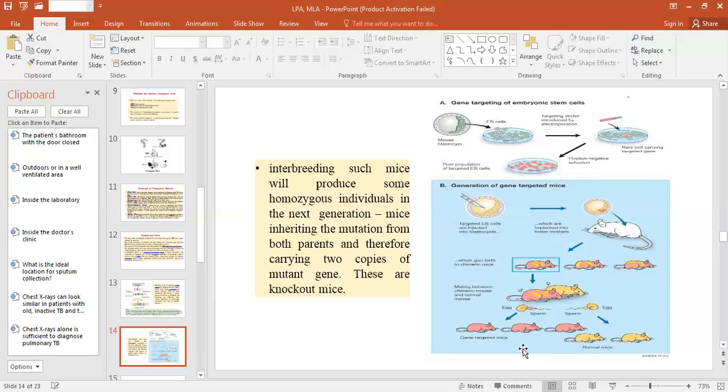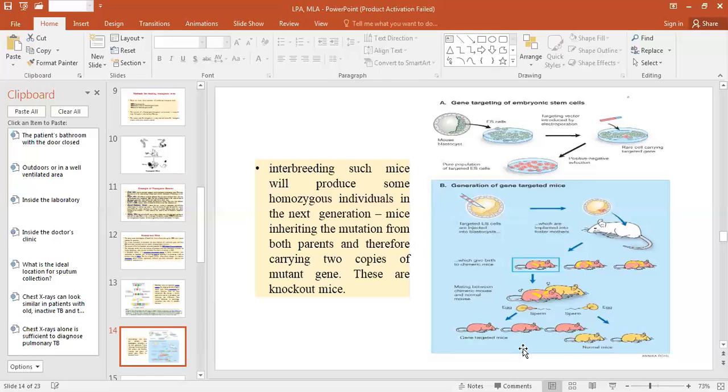When the mouse is born, it will be a chimera, as only some of its cells will be modified, and this mouse will have fur of both colors.